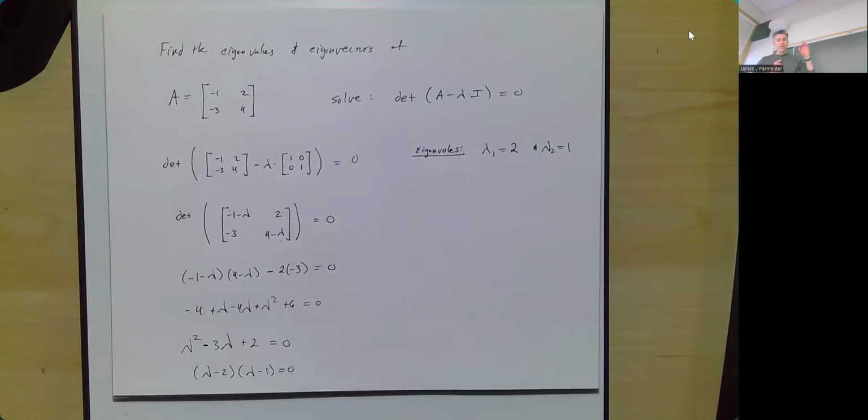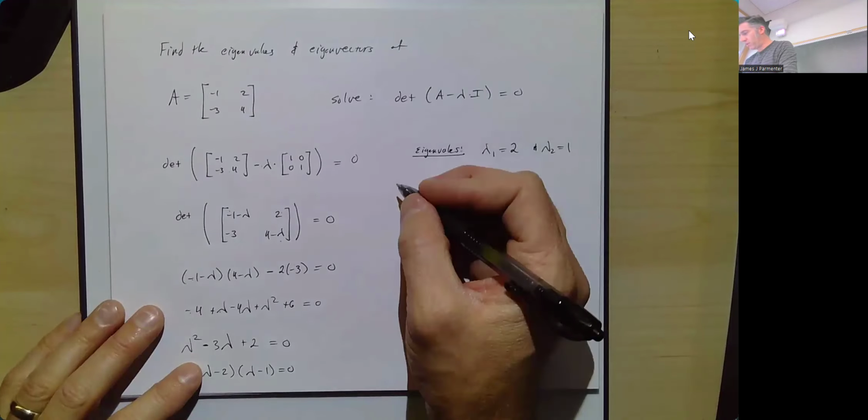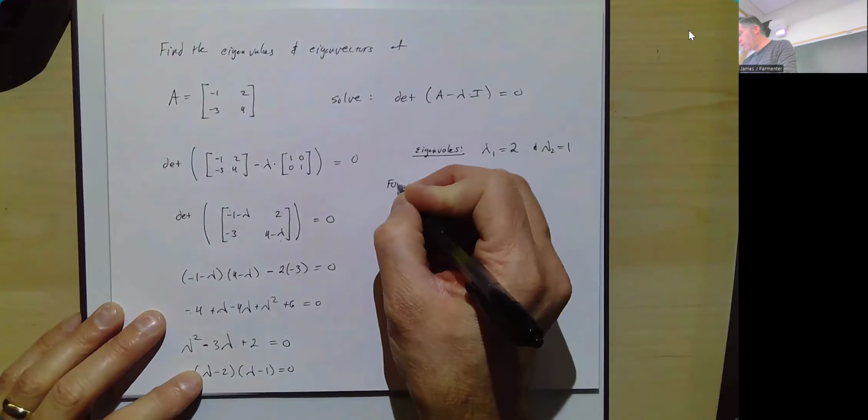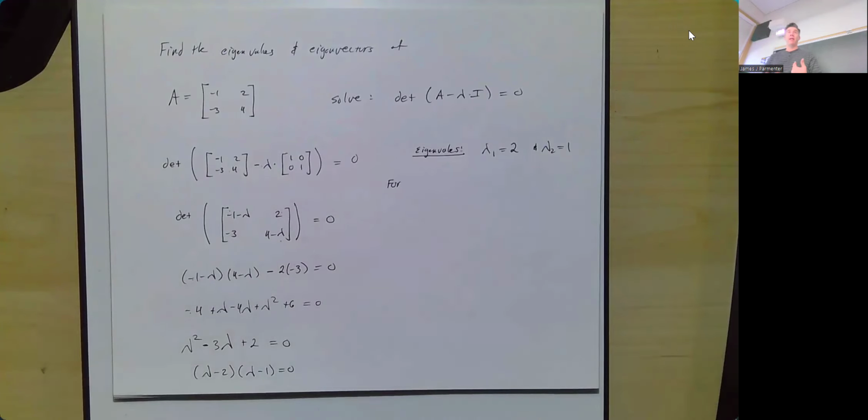Now, to find the eigenvectors, there's 2 ways to do it. They're really the same. I'll show you both ways. So let's start off. For each eigenvalue, you're going to find an eigenvector.